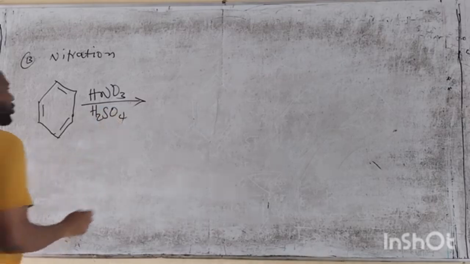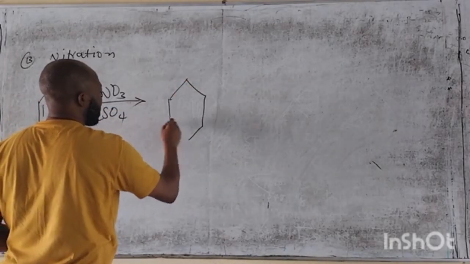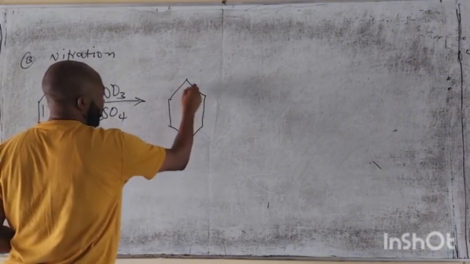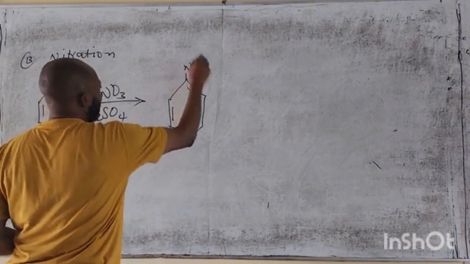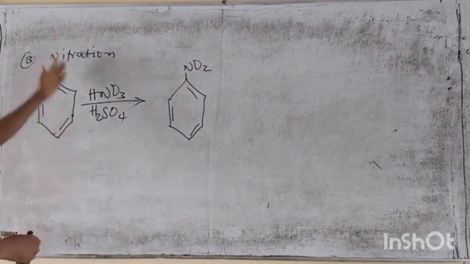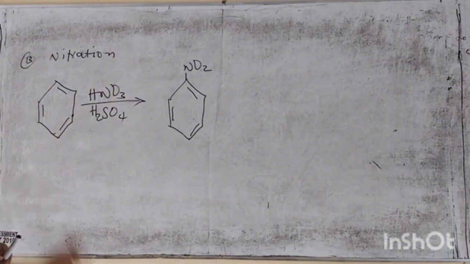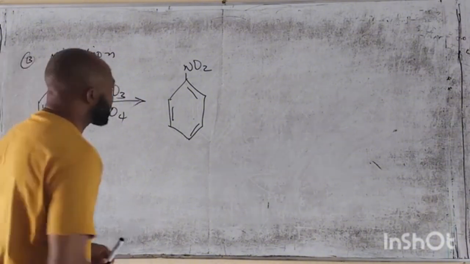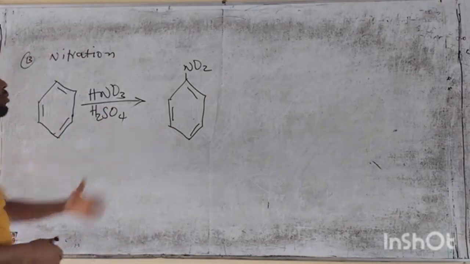When we react that, we're going to get our NO2. This is it, the electrophilic substitution of nitration. This is what you get. We have chlorination, we have bromination. All of that will still give us the same thing when we undergo that process.